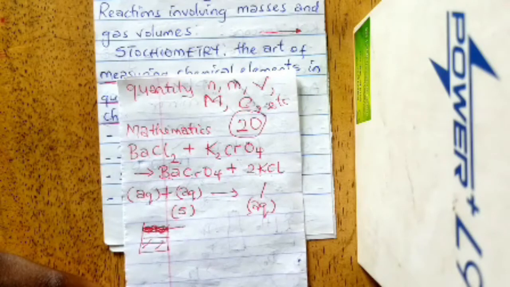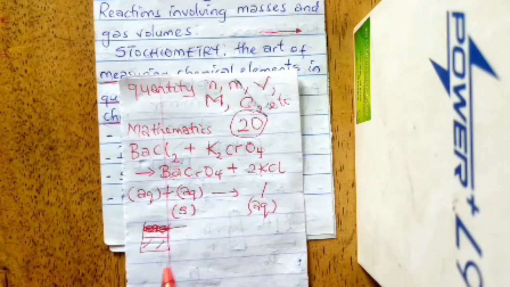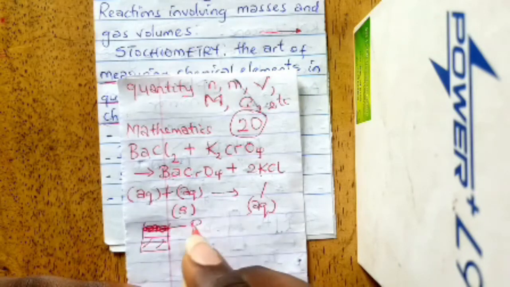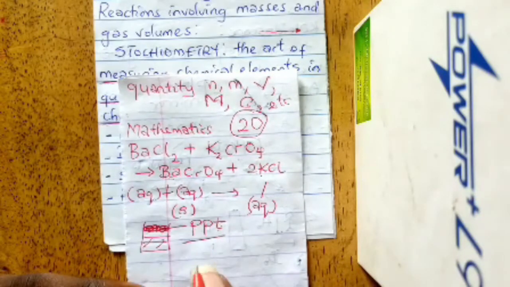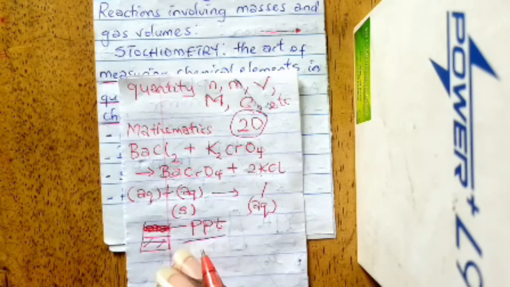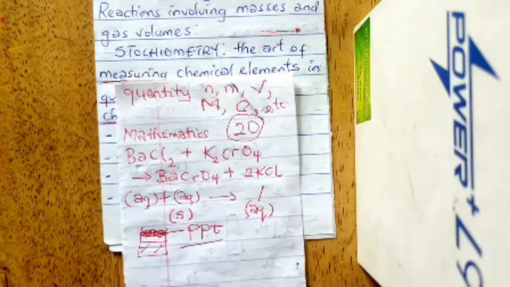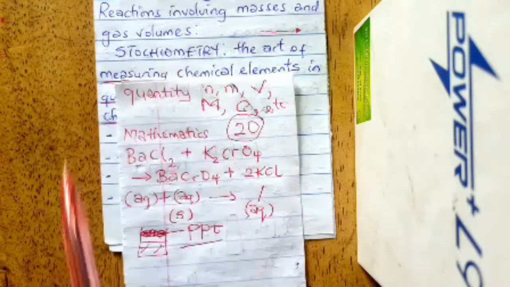Using the knowledge of stoichiometry, you can calculate the amount of the precipitate which was released during the course of the reaction. These calculations can only come into play as a result of the knowledge of stoichiometry.